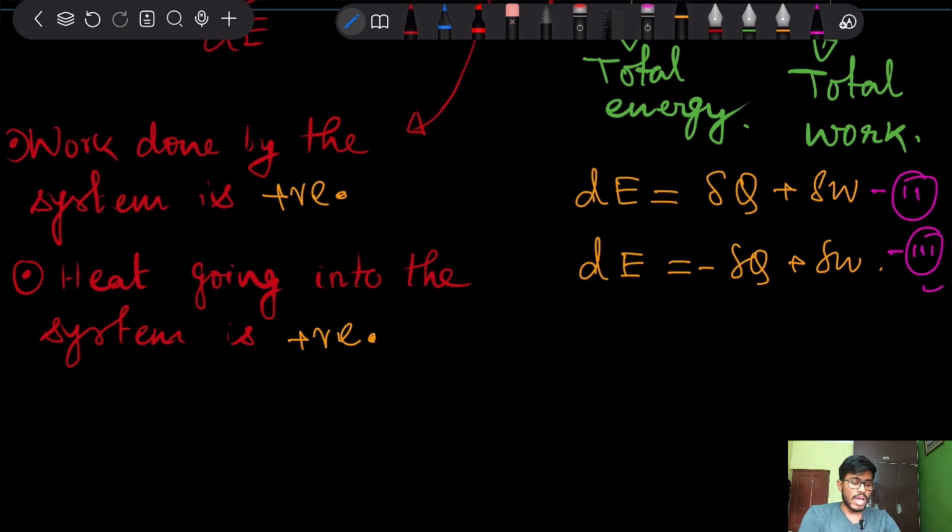I will always give you these types of small conceptual questions, because these are very important to build a strong basic. If you find these fundamentals difficult, then just type in the comment box. I will cover these things in a small video separately.